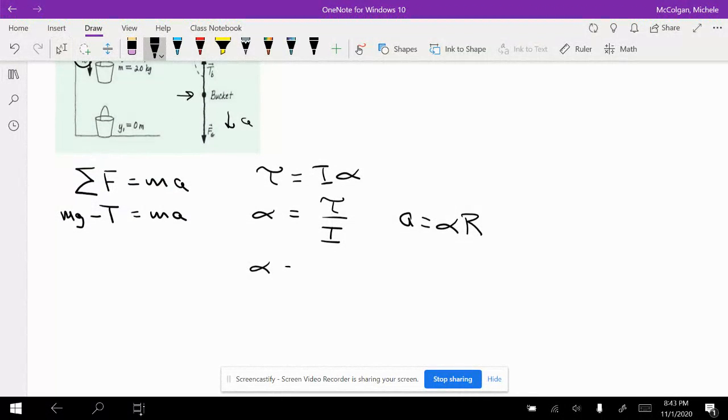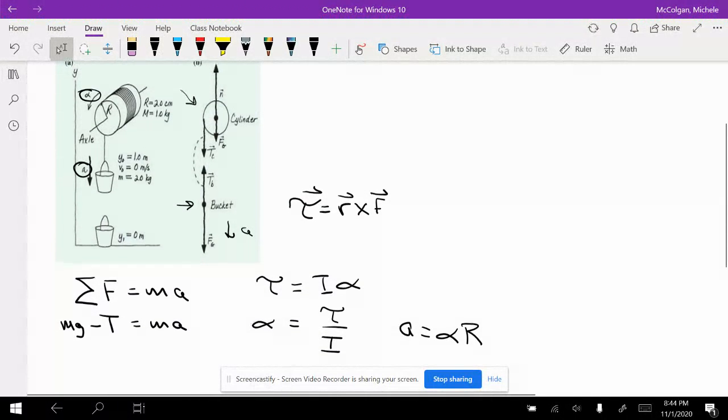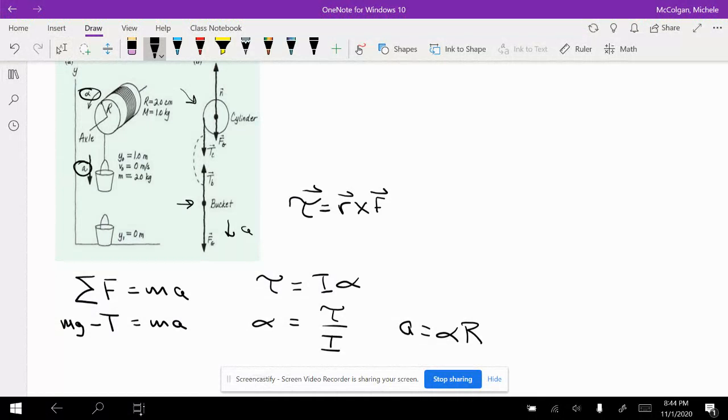So alpha is equal to the torque. And remember, torque is also equal to R cross F. If I think about my cylinder, the rope is pulling due to the tension of the bucket.